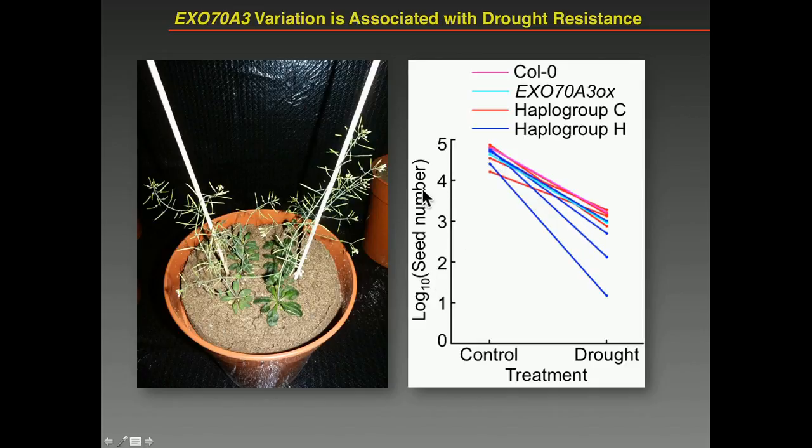And that is basically an estimate for fitness, the seed number, but they perform very differently under drought condition. So we think we found a hint that actually this allelic variation of this exocyst subunit that is responsible for the switch of the root system architecture for an organismal trait is related to adaptation to temporal drought.